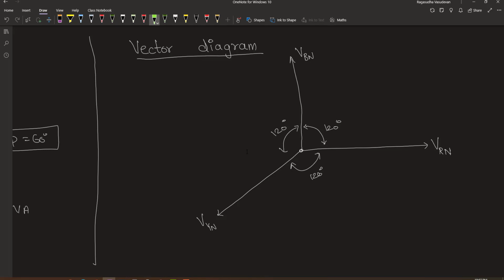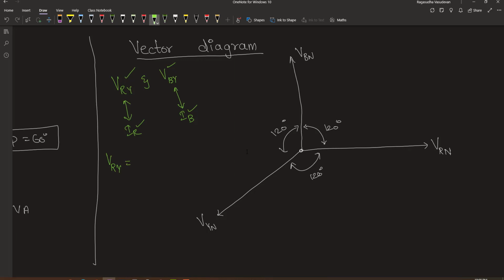We have to plot the voltages VRY and VBY, and also we need to find out the angle between this voltage and the respective currents IR and IB respectively. So first we'll plot this voltage and this current and find out the angle between these quantities.